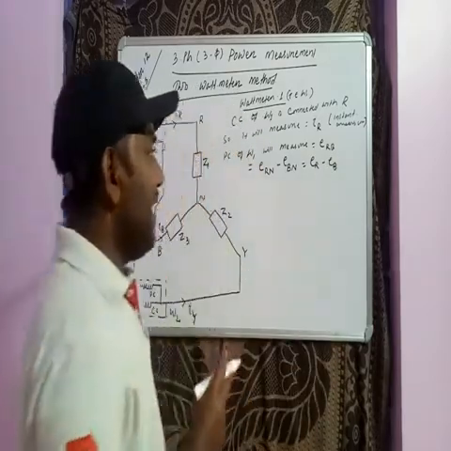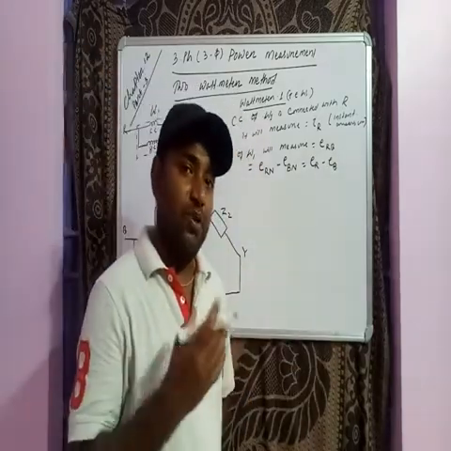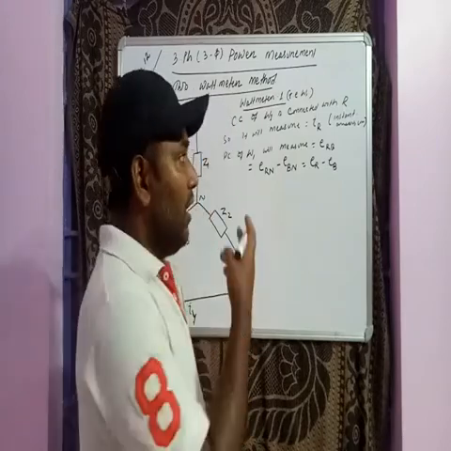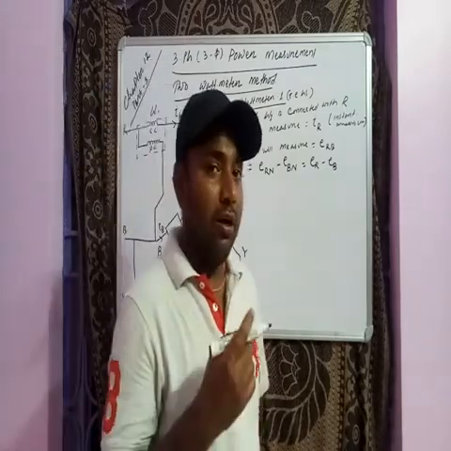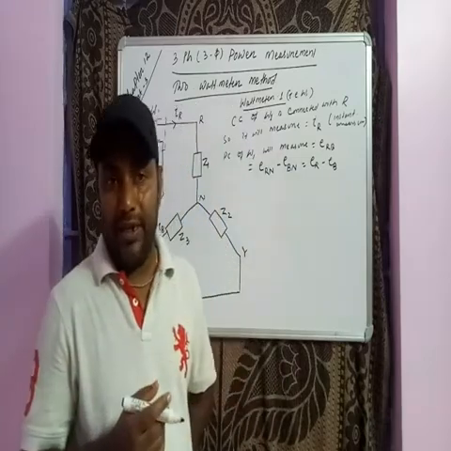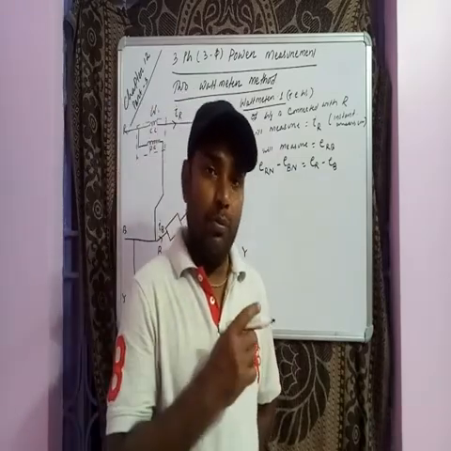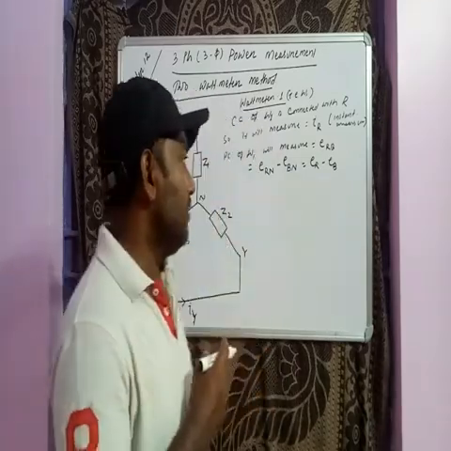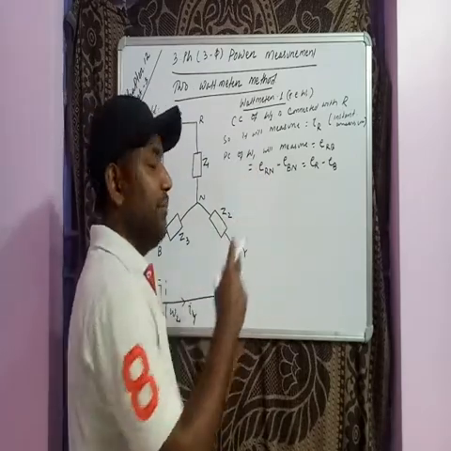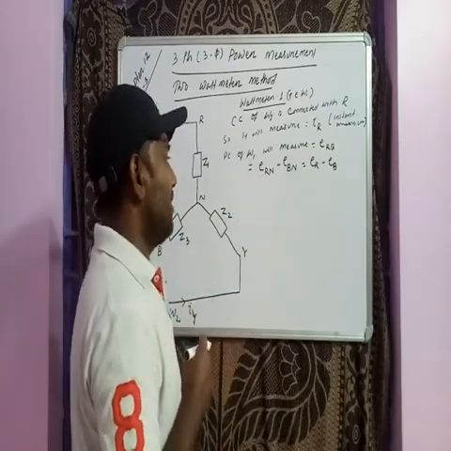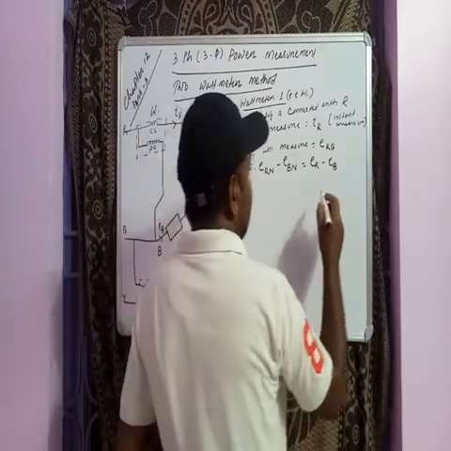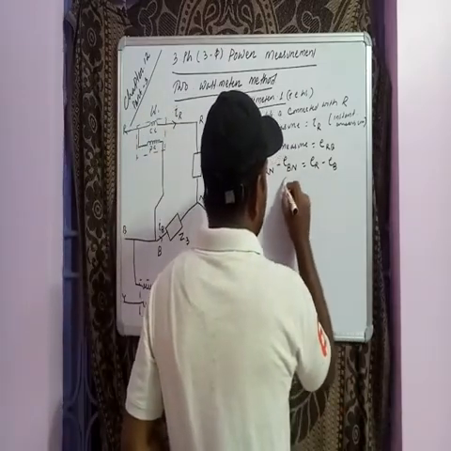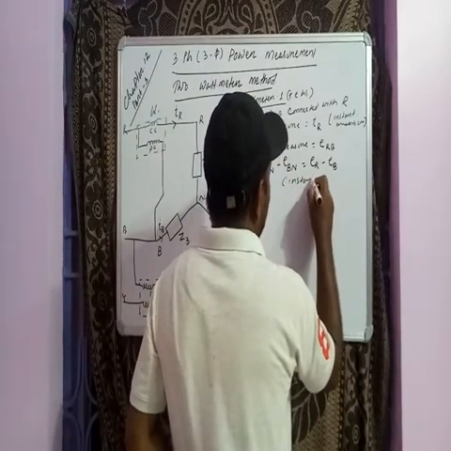ERN, EBN are the phase voltages, as already you know, and ERB is the line voltage. So line voltage ERB is equal to ERN minus EBN. Already I have discussed this in my previous video. These values are the instantaneous values.